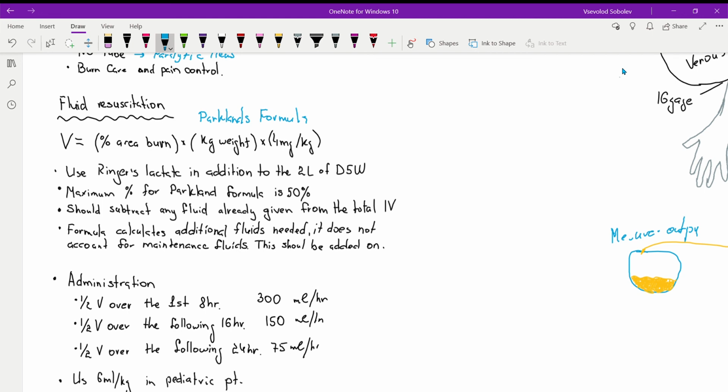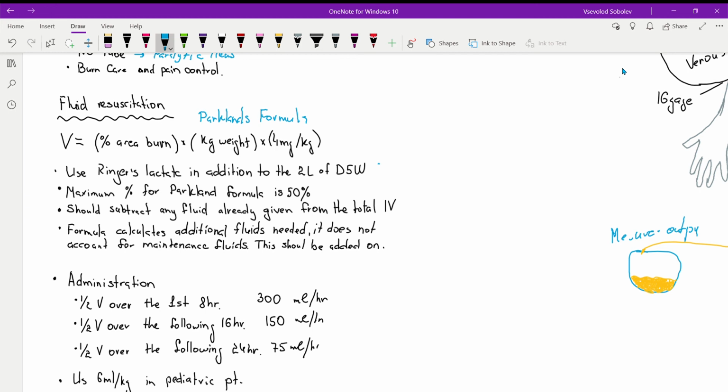We're going to use Ringer's lactate, which contains the necessary electrolytes for the transfusion. The maximum percentage for Parkland's formula is 50.